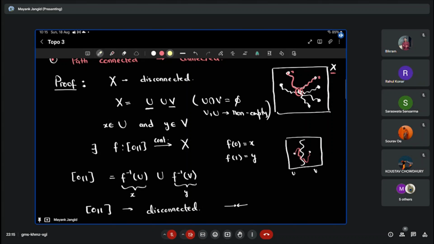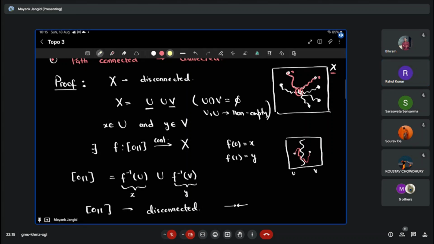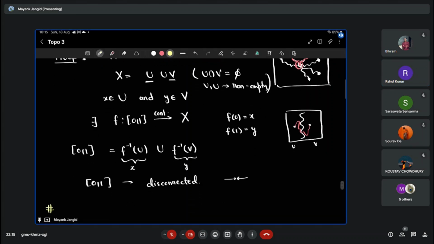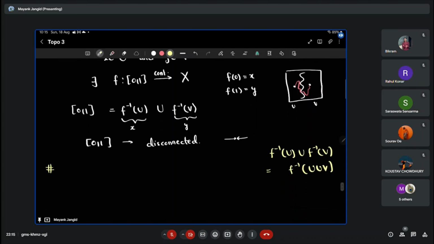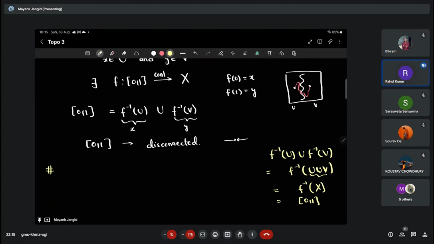So their pre-images must contain all the points of 0, 1. Or you can think set theoretically, f inverse u union f inverse v is equal to f inverse of u union v, and u union v is x. And since this is a function, this is equal to 0, 1.